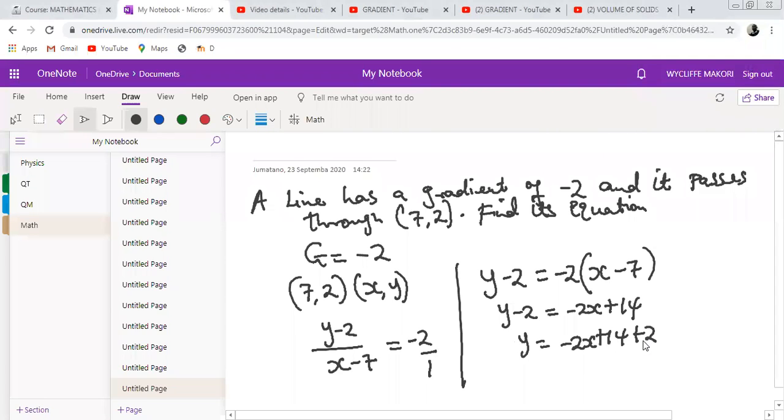So this one, if you add it, is going to be 16. So it's the same as y equals -2x plus 16. And you should be able to note that the -2 that we have here is the same as the -2 that we had for the gradient. And by so doing, you get your answer as simple as that.